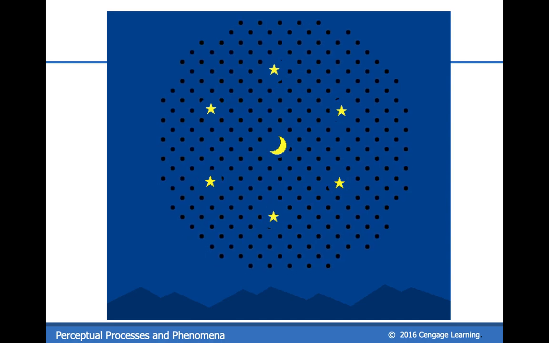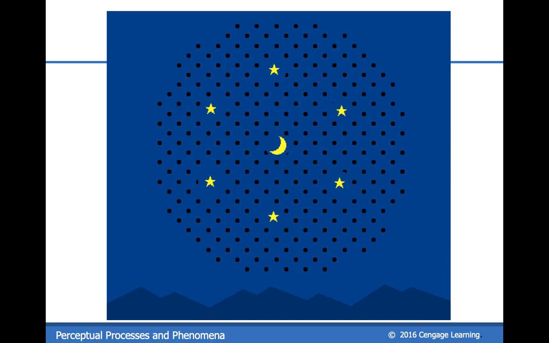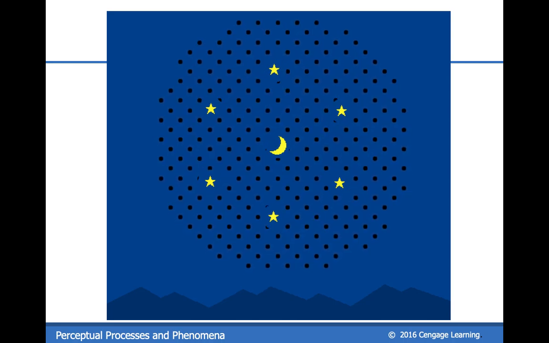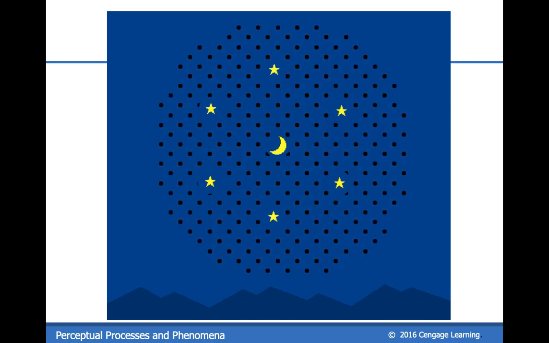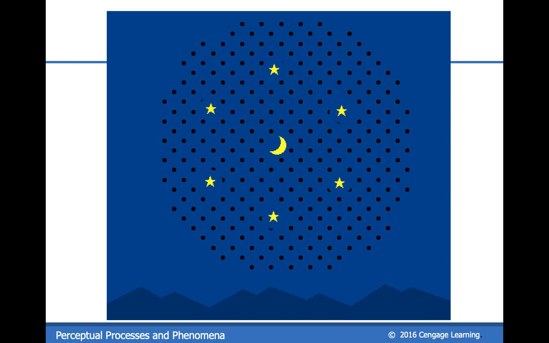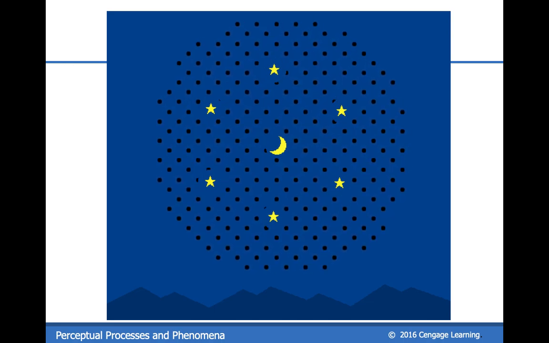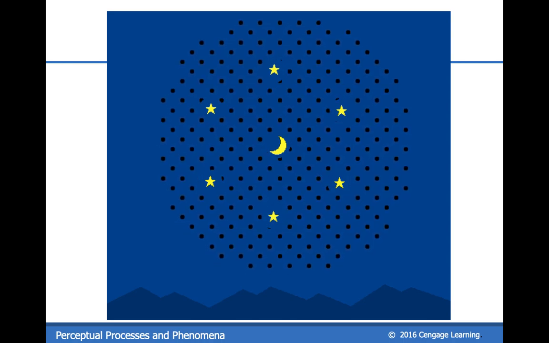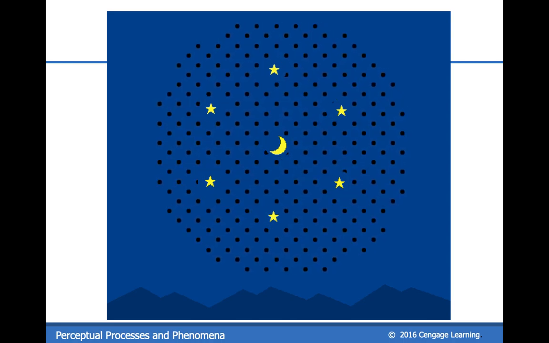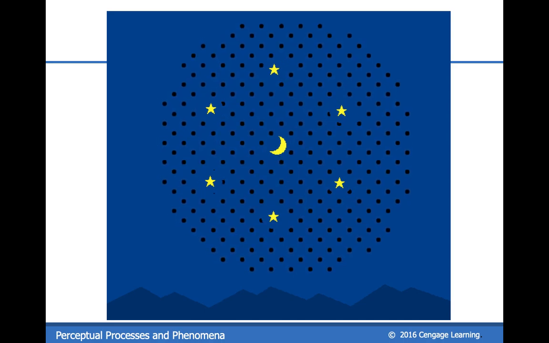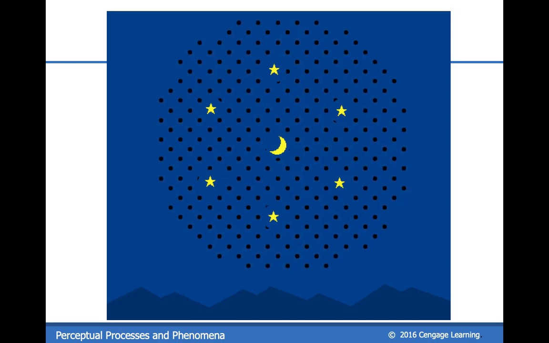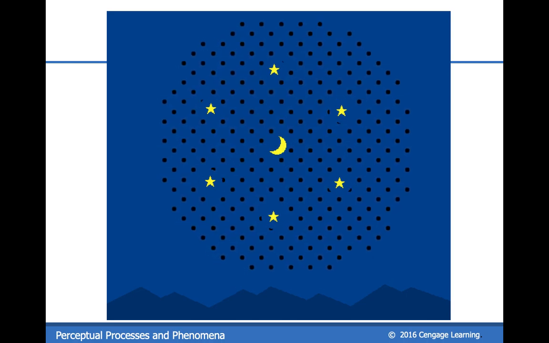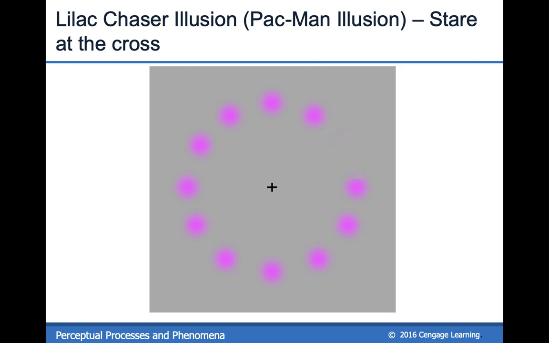So if you stare at the moon, the stars will begin to flicker in and out. How's this one working for you guys? It's kind of weird. All right, I'm going to move on.